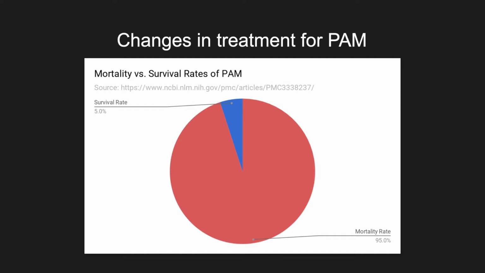Again, like I mentioned, there's really not that many opportunities to test out these medications, but they are being tested out. And so hopefully one day we'll say, hey, this is the treatment that's gonna help us increase this super, super small survival rate and make it hopefully grow and grow and grow, because this big red chunk of this pie graph is scary.